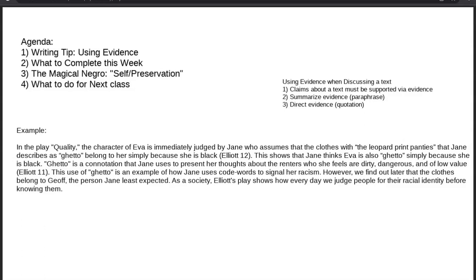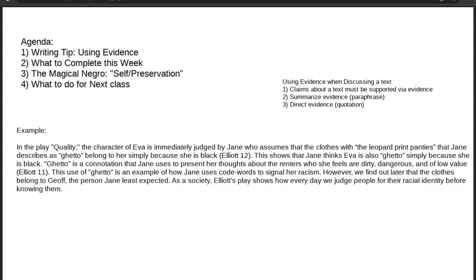Next is the evidence you provide, whatever evidence you take from the text about your claim. And then three, this is the most important part, is your explanation of how this evidence proves your claim.